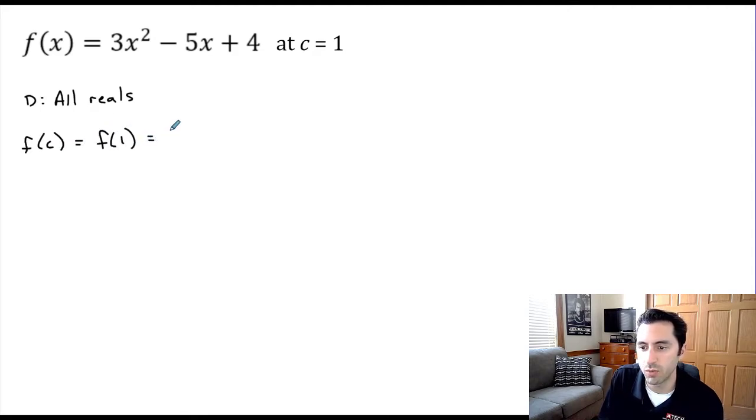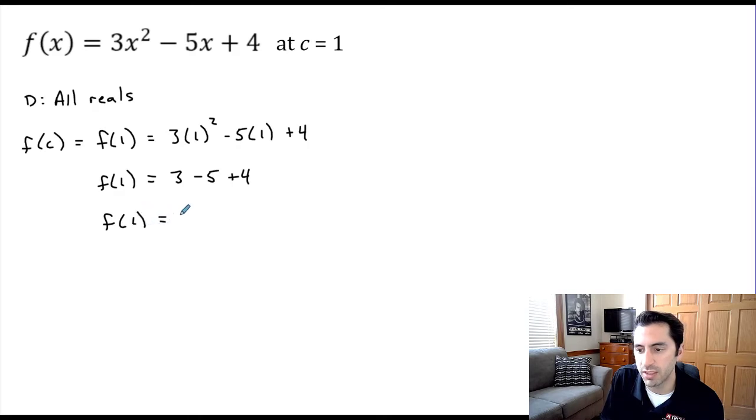So plugging in 1, we have 3 times 1 squared minus 5 times 1 plus 4. And simplifying this, we end up with 3 minus 5 plus 4. So at 1, our function is equal to 2. Okay, so it is defined, so that checks off the first box.